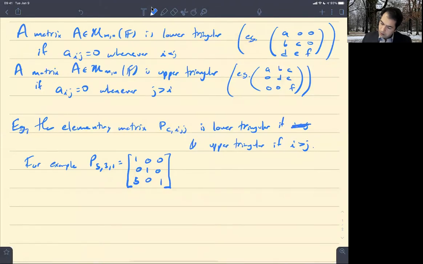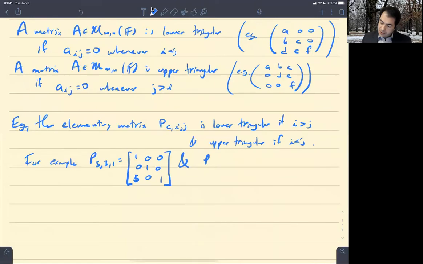Sorry about that. If i is greater than j, lower triangular; if i is less than j, upper triangular. As we see clearly from this example. And similarly, P513, 1, 0, 5, 0, 1, 0, 0, 0, 1. This is upper triangular, and we have i less than j.